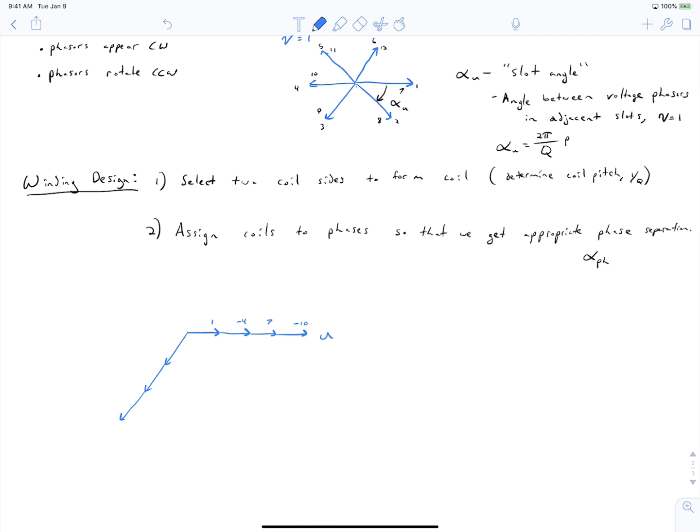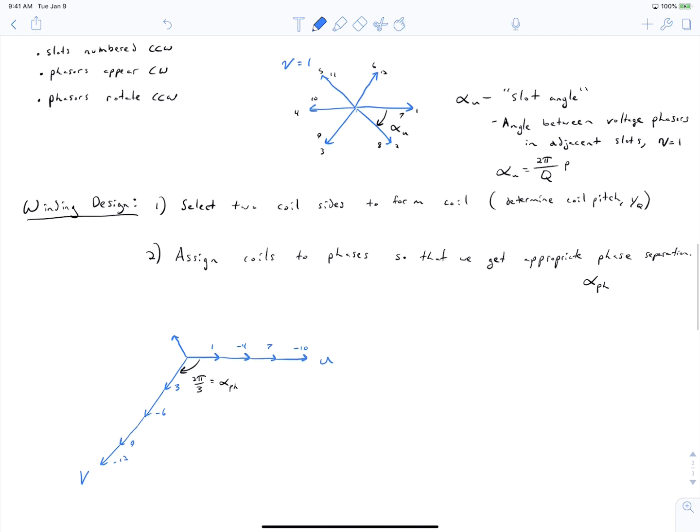So you have to have an even number of positive and negative coil sides in your phase. And then phase W needs to be another 120 degrees, or -2 pi by 3 after phase V. And you can see that we can construct that by looking at coil sides 5, 11, and -2 and -8.